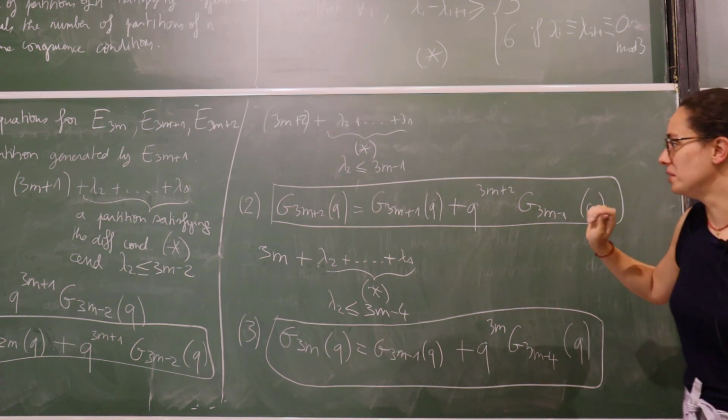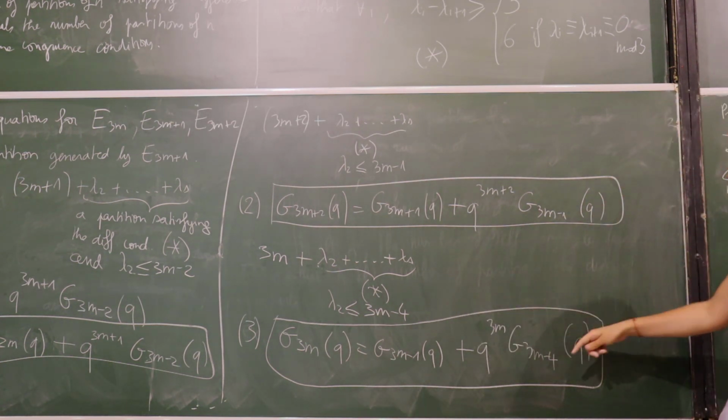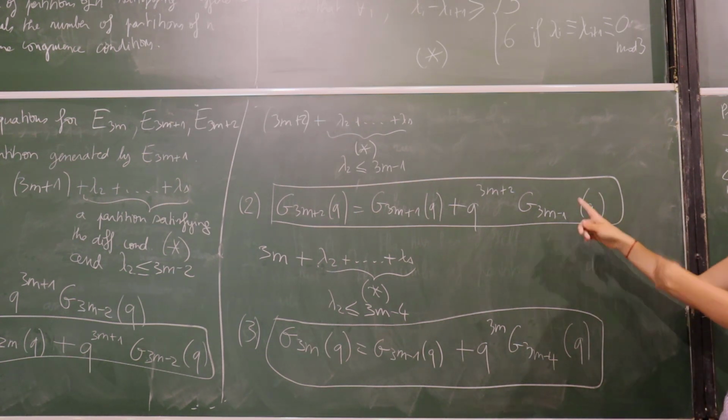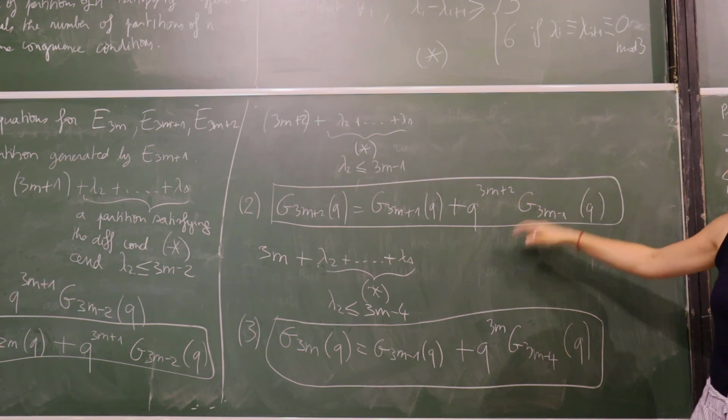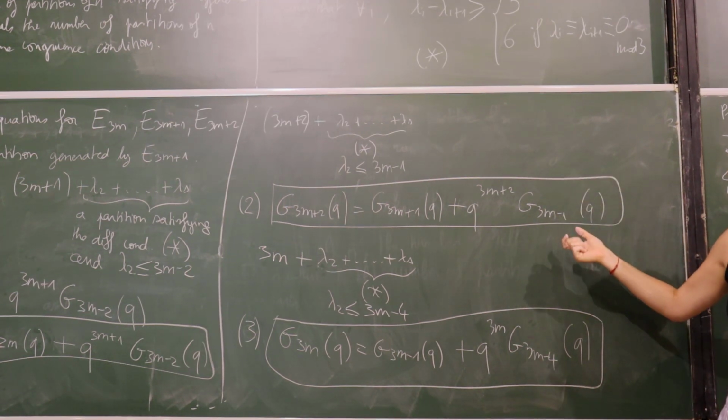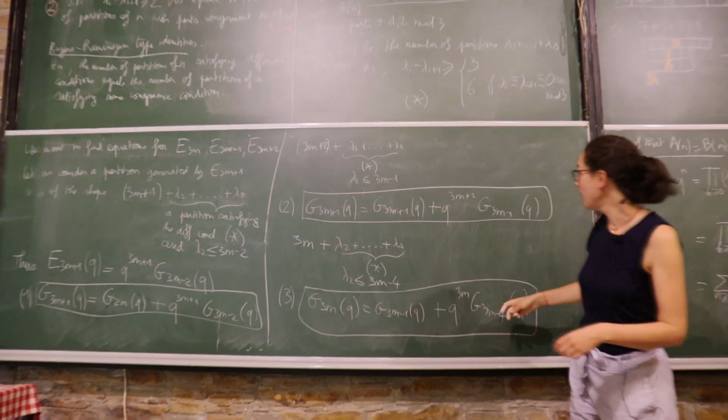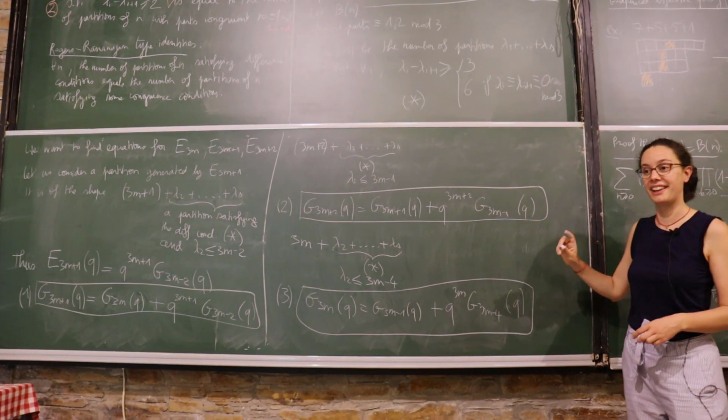And so what we will do tomorrow in the next lecture is that we will try to combine these 3 equations to obtain an equation where all the indices have the same value modulo 3. And why do we want to do that?